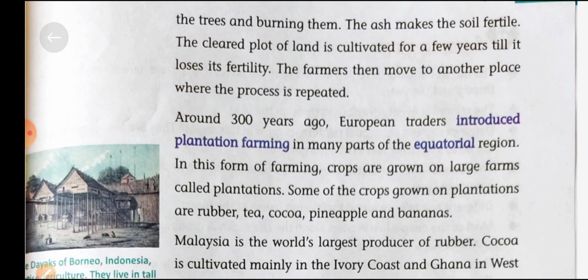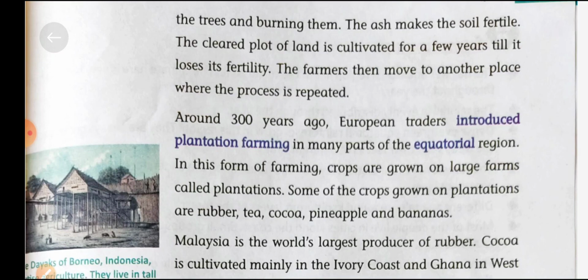Around 300 years ago, European traders introduced plantation farming in many parts of the Equatorial Region. When the European countries came here, they started plantation farming.